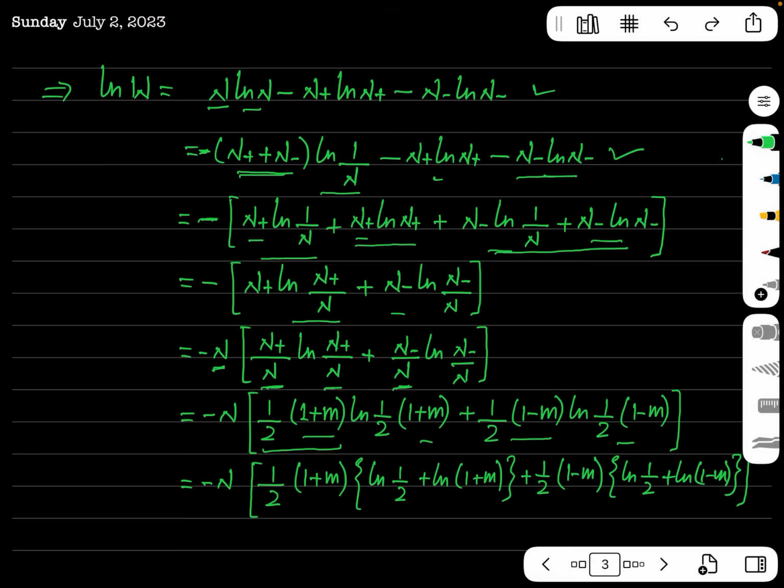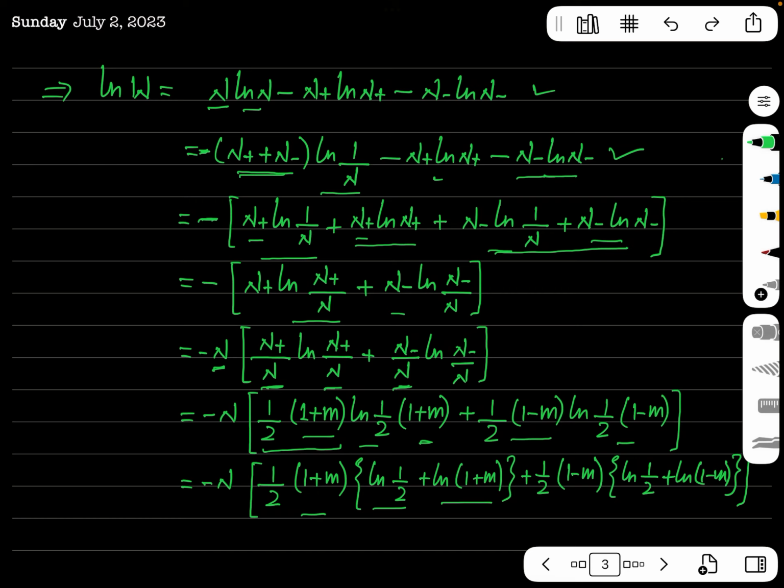Now see the first term, 1 over 2 times 1 plus m, it is at each, minus N is at each. And log of half times 1 plus m, since log of a times b is equal to log a plus log b, you can write this as log 1 by 2 plus log 1 plus m.